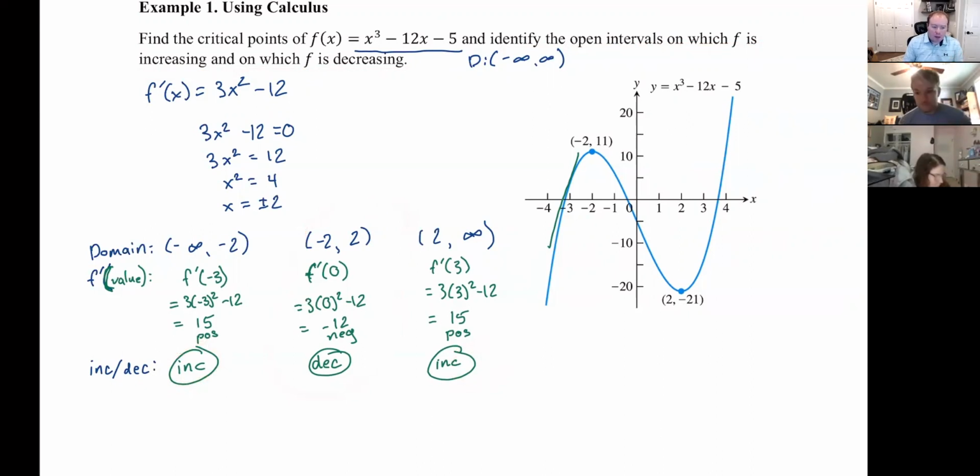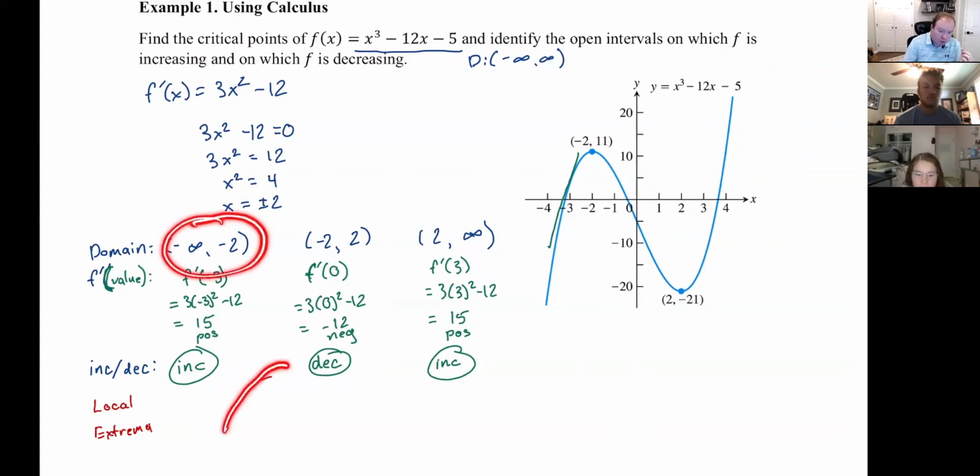So that's really just using the derivative. The last thing we will want to observe is the actual local extrema. Let's look at the local extrema. If we think about what is happening when something switches from increasing, the first interval from -infinity to -2 is increasing, this second interval from -2 to 2 is decreasing.